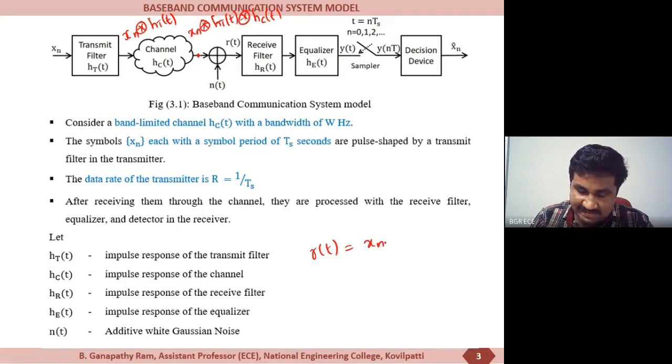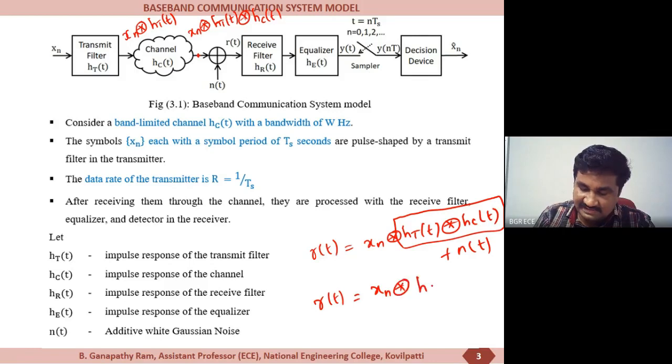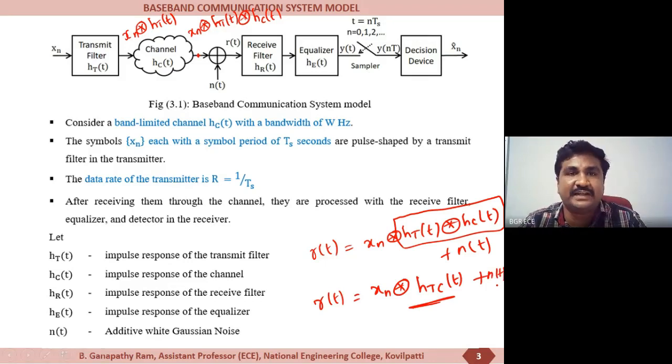So it can be written as xn convolution of ht of t convolution of hc of t plus n of t. And this ht of t convolution with hc of t can be written as htc of t. This is the combined impulse response of the transmitter filter and the channel.